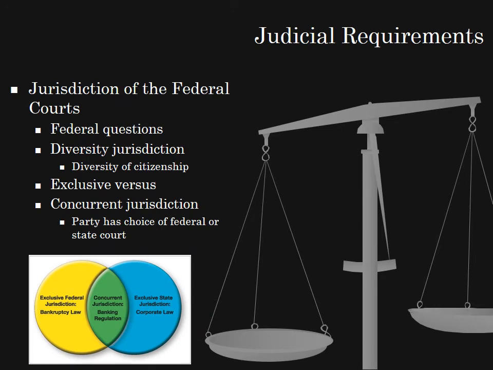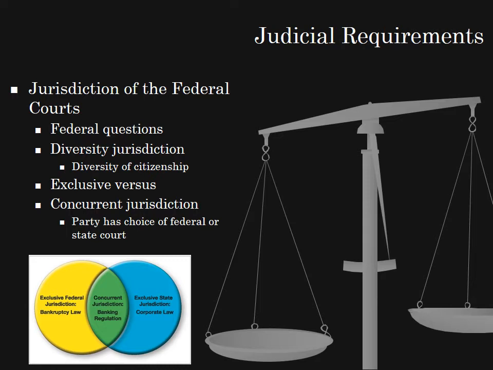Now, we're going to look at specifically jurisdiction in federal court. How do you get to federal court? Well, there's two ways we can get into federal court. One is that we have an issue that's a federal question.